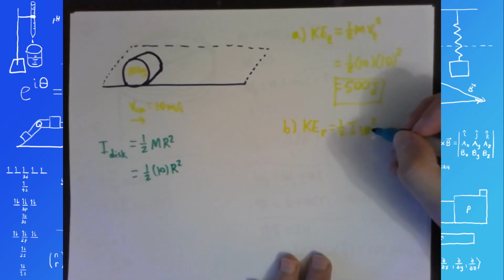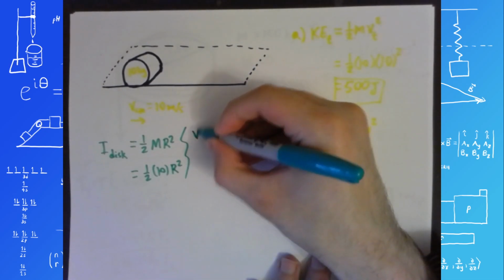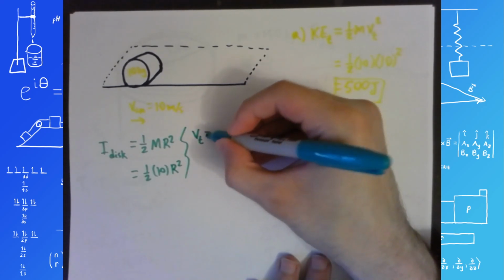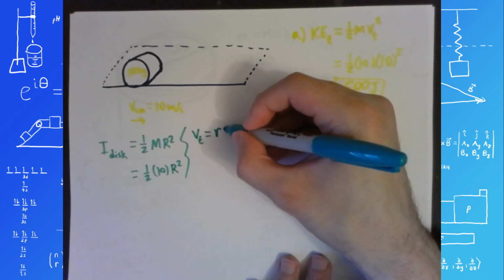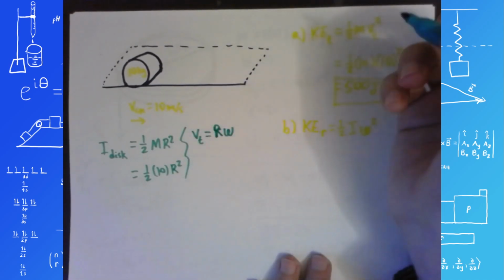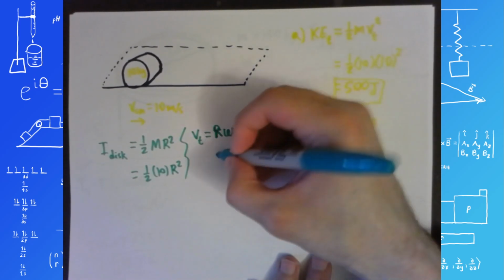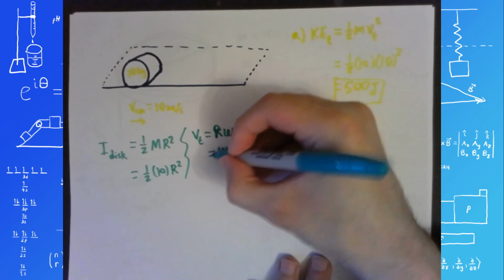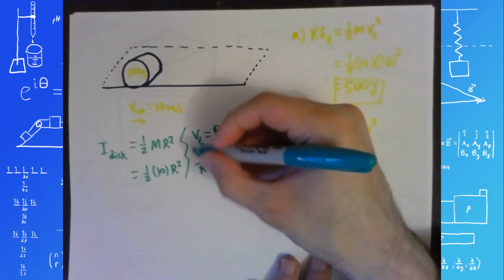We can take care of that r problem because we can also replace the angular speed. The tangential speed is equal to the radius times the angular speed. I'm going to use capital R this time for our unknown radius. If we divide both sides by r, we can replace omega with v tangential over r.